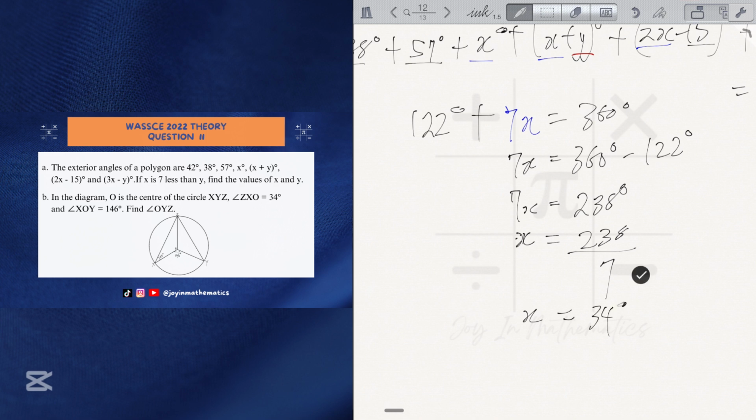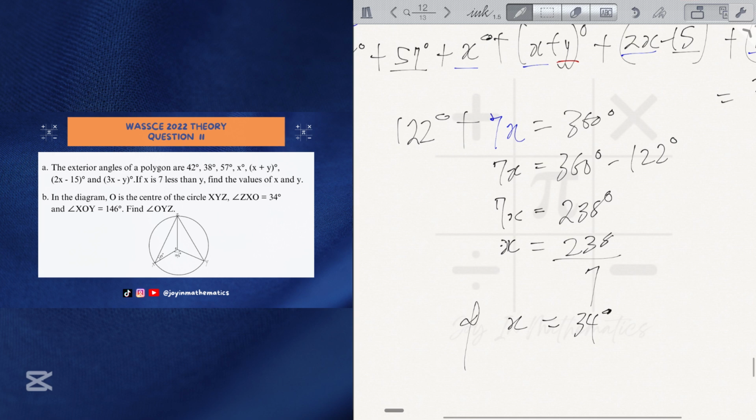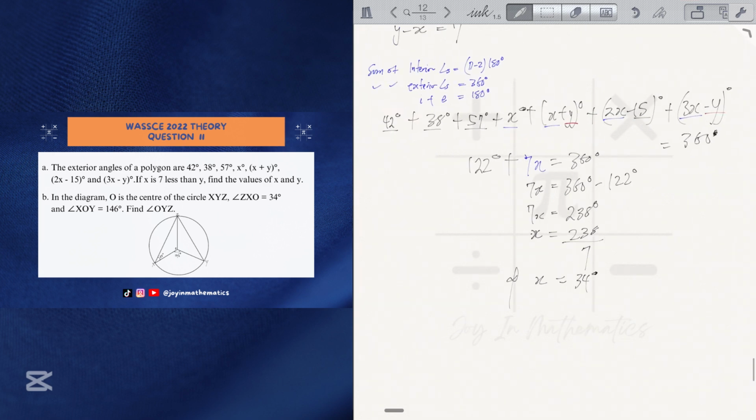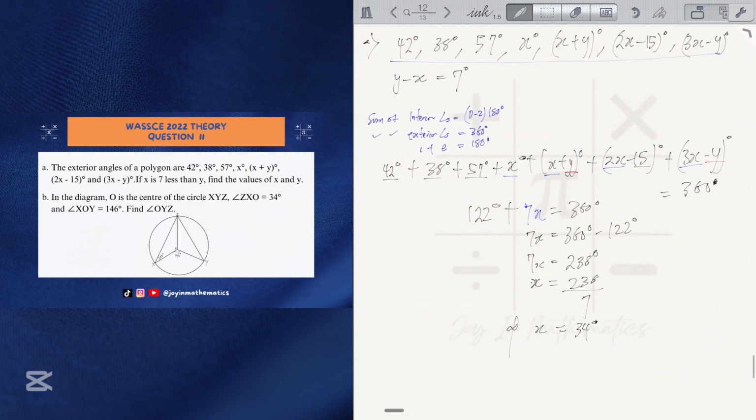Now that the value of x is 34 degrees, what then is the value of y? Remember from the second line of the question that x is 7 less than y, where y minus x is equal to 7 degrees.